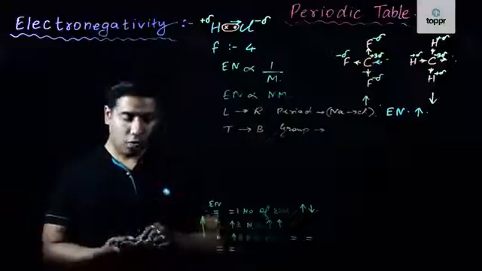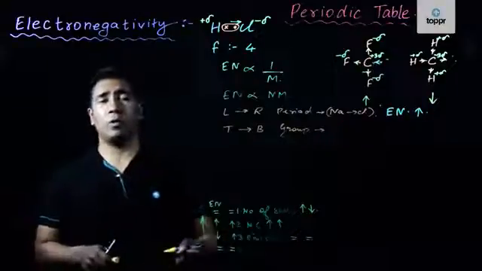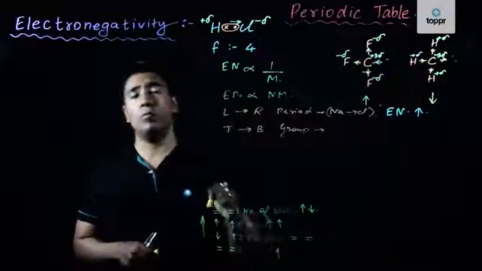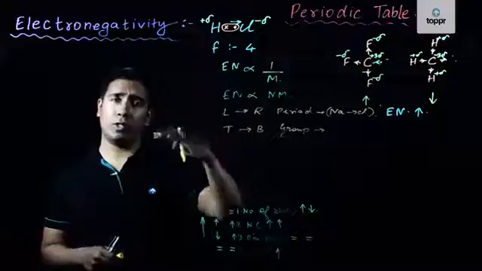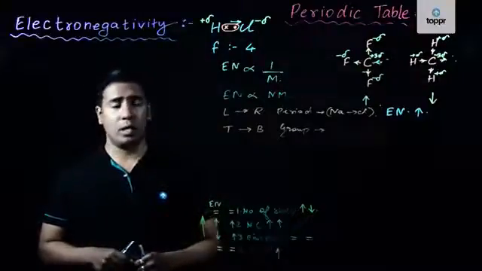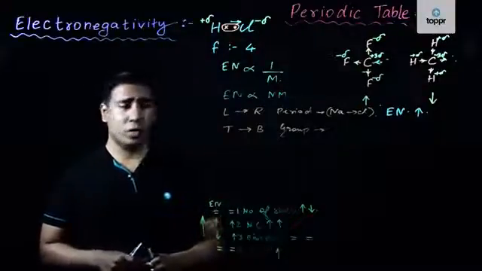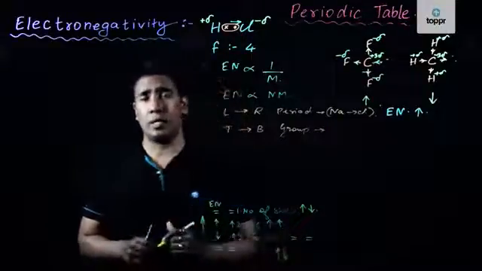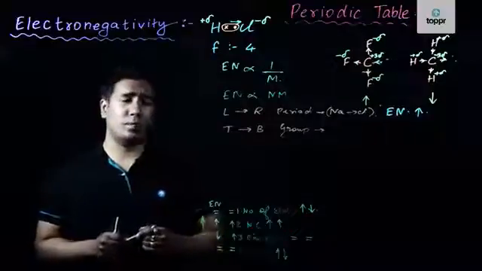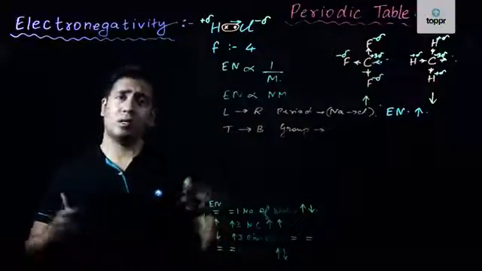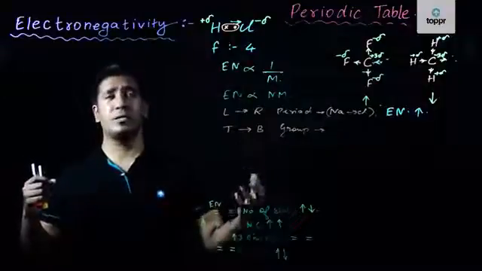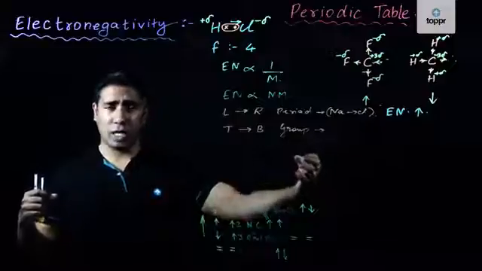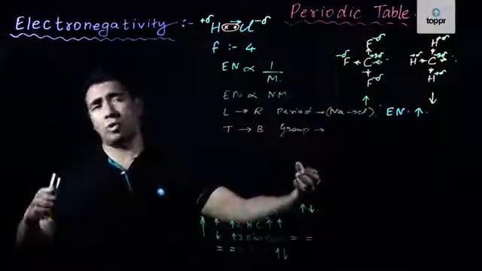So let us now go to the last point, wherein we will be talking about the screening effect. Here, yes, there will be the screening effect if we move from top to bottom in the periodic table, where the number of shells keeps on increasing. So when the screening effect keeps on increasing, the electronegativity keeps on decreasing, because the screening effect further weakens the electrostatic force of attraction between the outermost shell electron, that is the valence electron, and the positively charged nucleus.